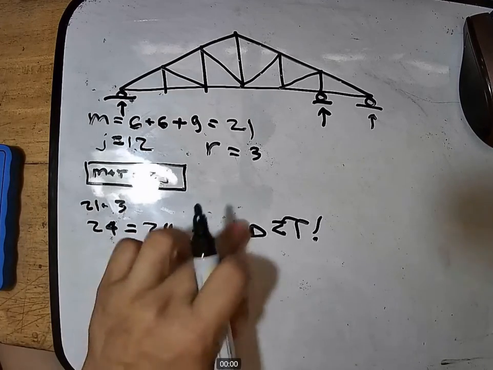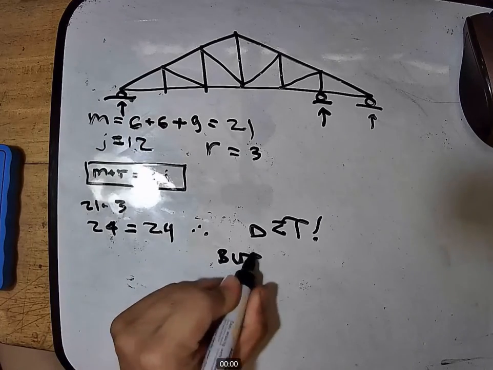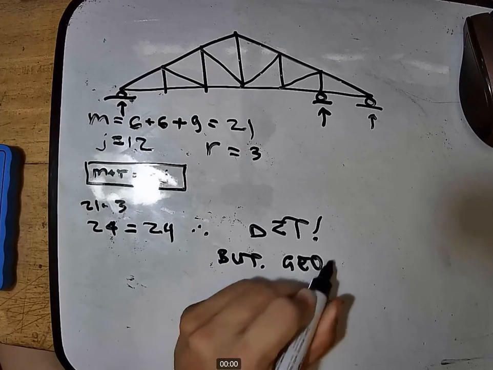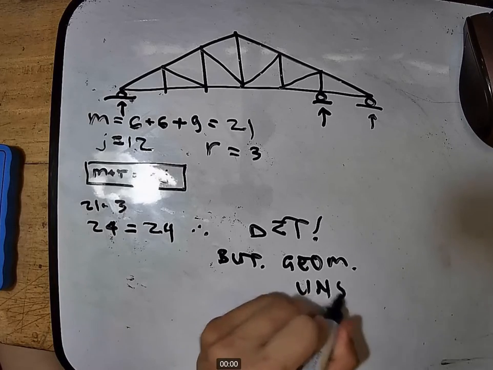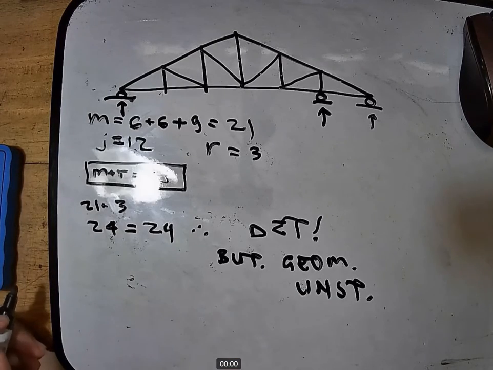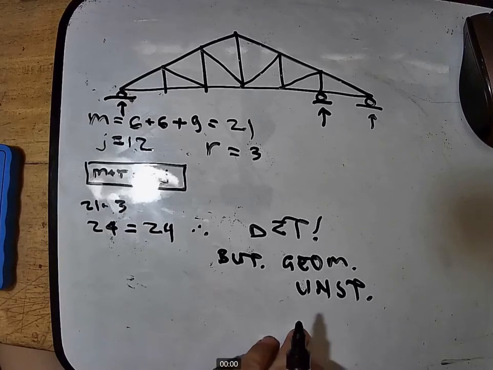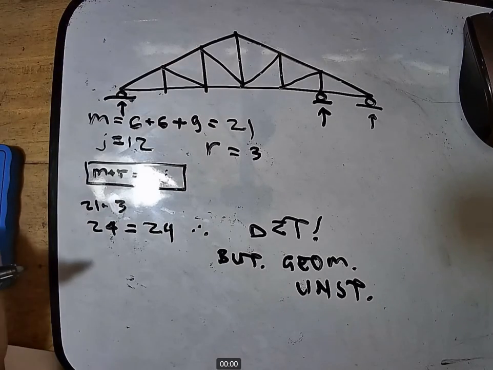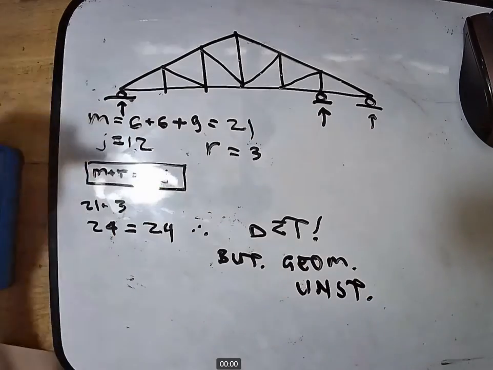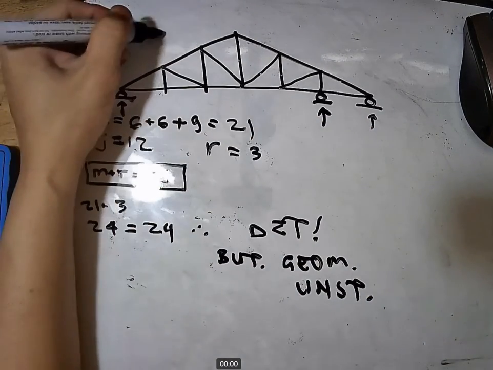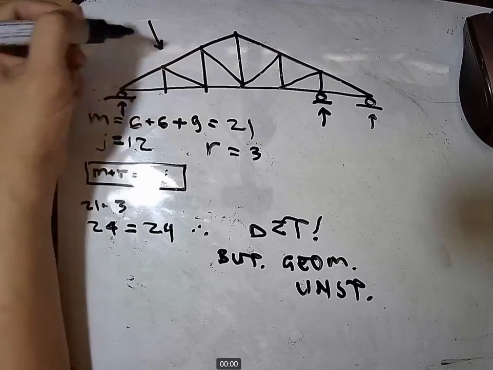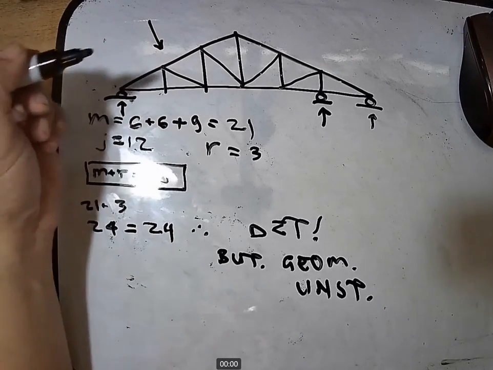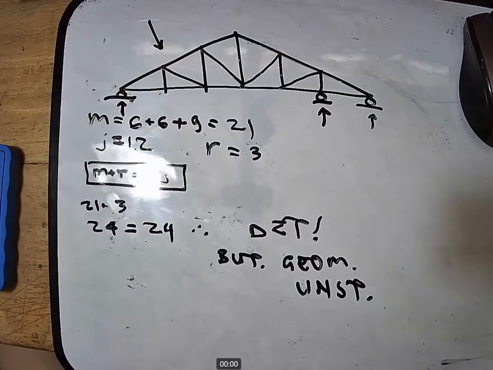It becomes determinate, but geometrically unstable. It is stable in the sense that if only horizontal loads are given, it will not move along X. But once you put in a slight horizontal load, it will move forever along the horizontal.